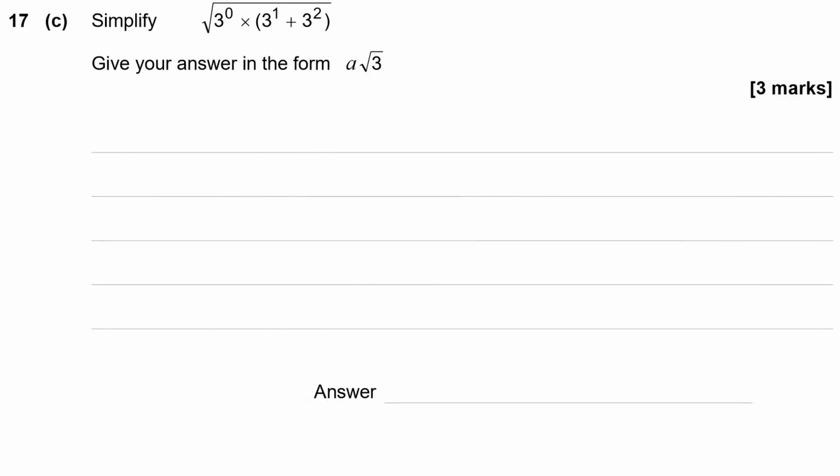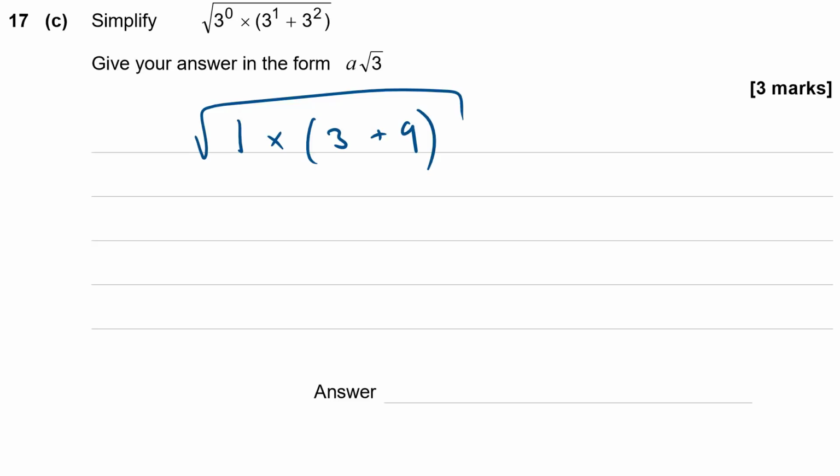17c, simplify the root of 3 to the 0 times 3 to the 1 plus 3 to the 2. Okay. So what we've got here then, well, 3 to the 0, anything raised to the power of 0 is 1. So I've got 1 times 3 to the 1 is just 3, plus 3 squared. 3 squared is 9.